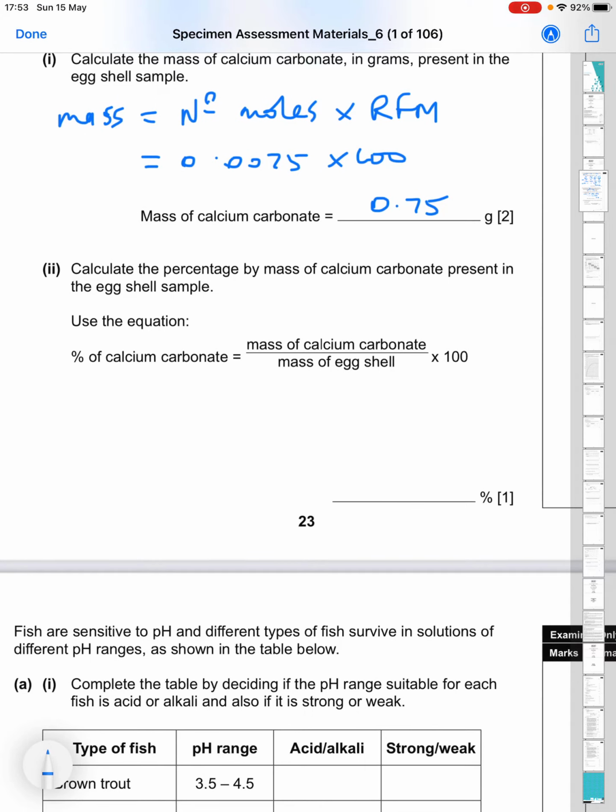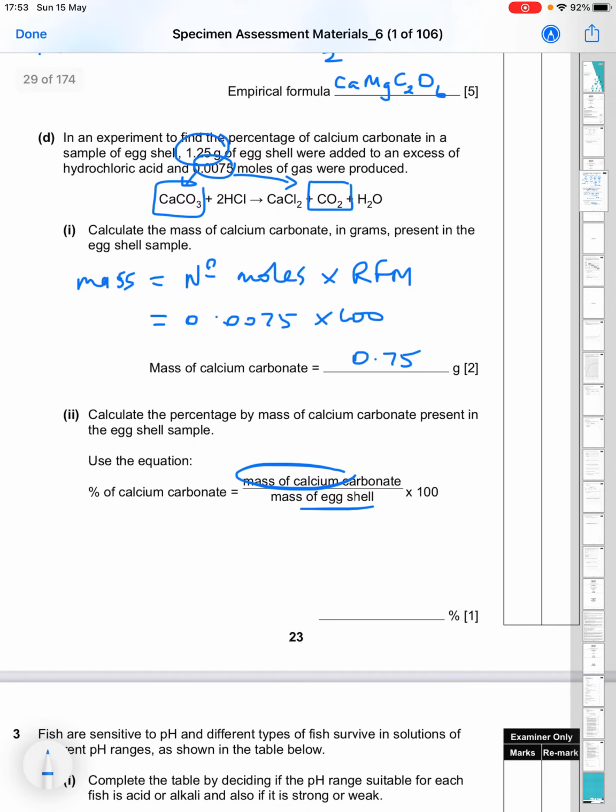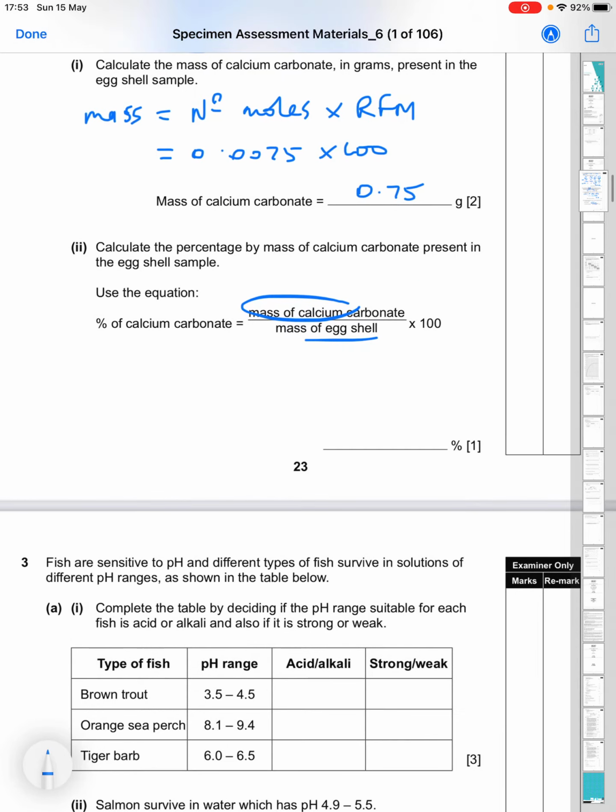Part 2, calculate the percentage by mass of calcium carbonate present in the eggshell sample. So you're using this equation. We've got percentage is the mass of the calcium carbonate over the mass of the eggshell. And we're told in the question here that it's 1.25 grams of eggshell.